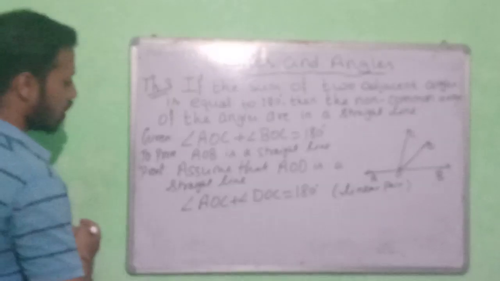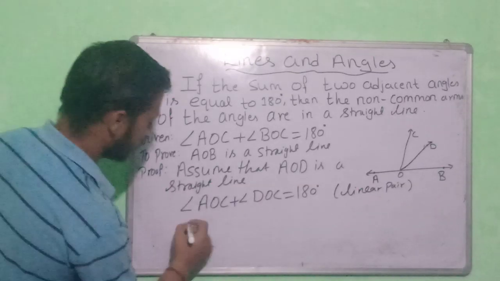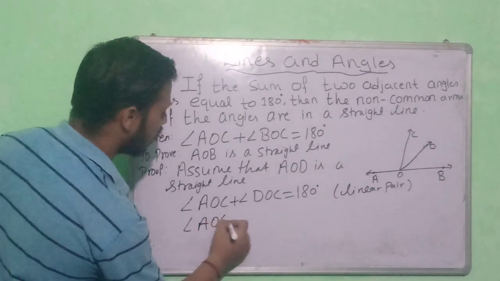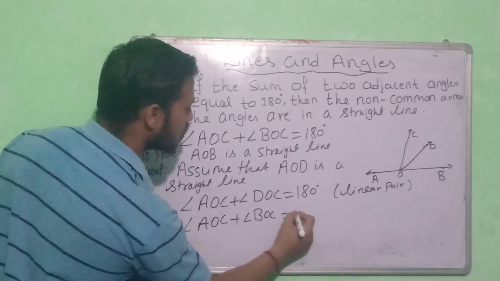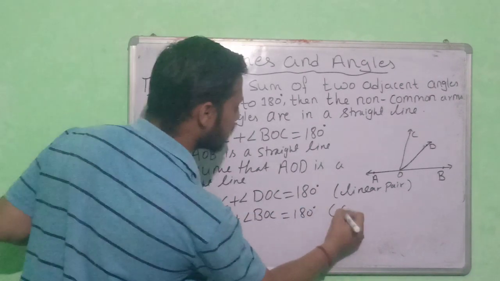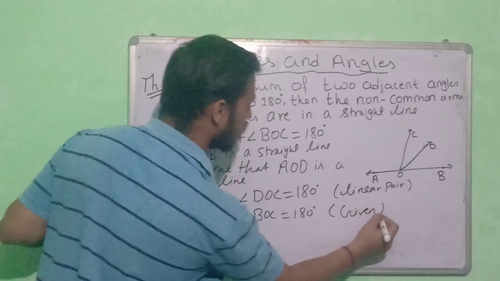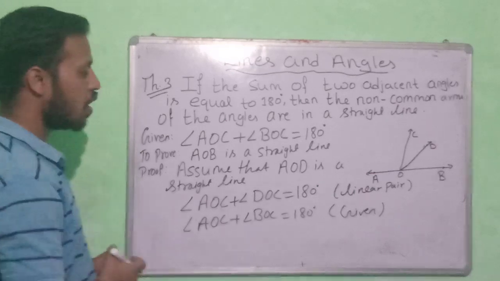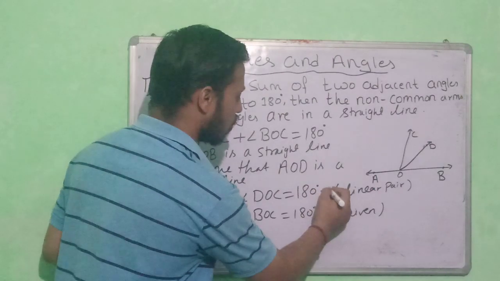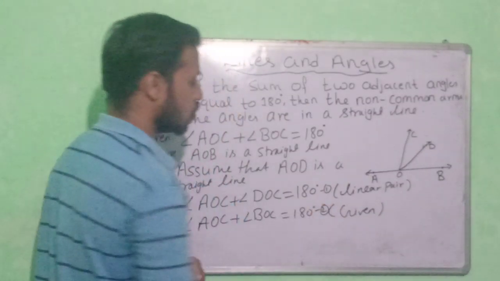Now, what is given to us? It is given to us angle AOC plus angle BOC equals 180 degrees. I will name this equation 1, this is equation 2.